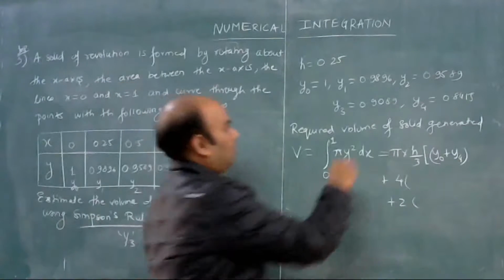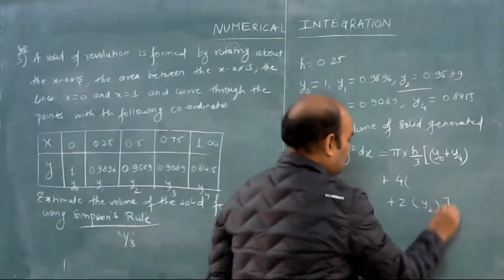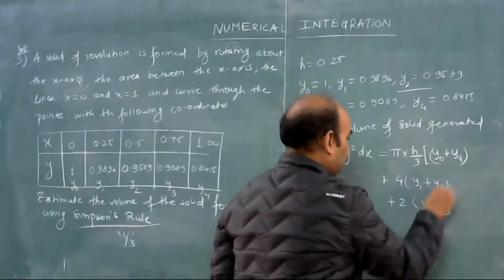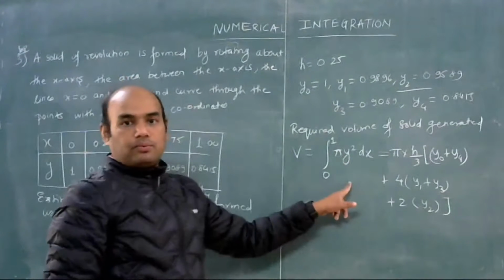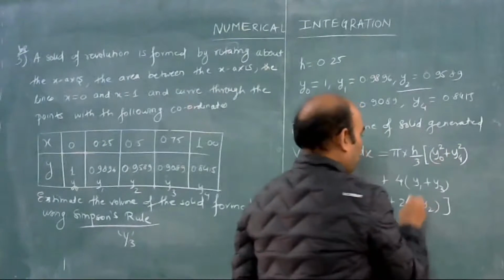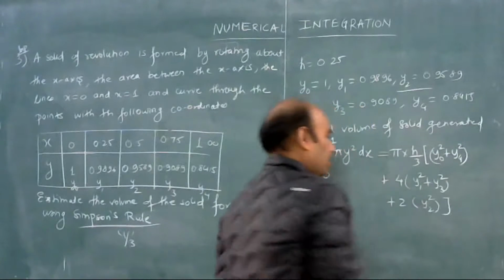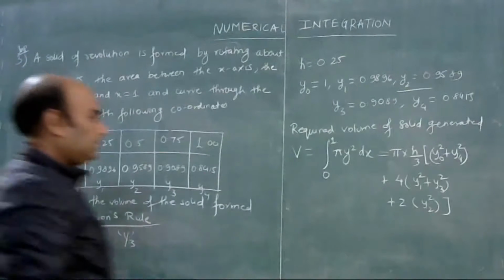So here we get only one even term, this is y2, and then the remaining terms y1 plus y3. Okay, but here it is y square, so this will be y1 square, y3 square and y2 square. Okay, so you have to take this as a note.